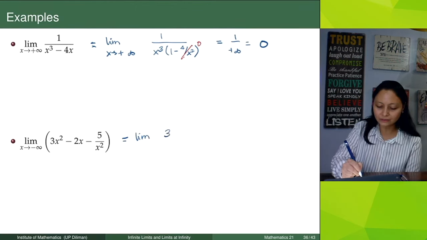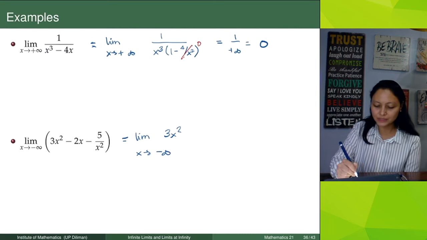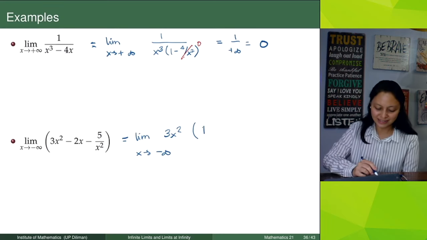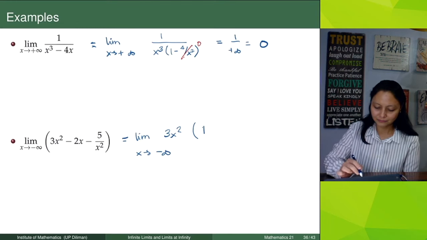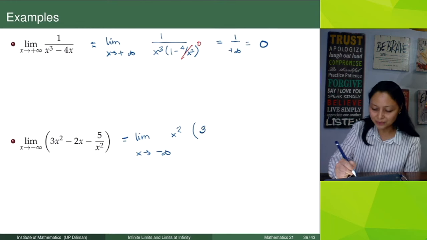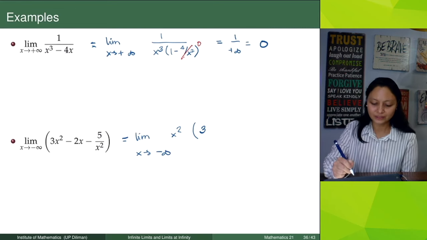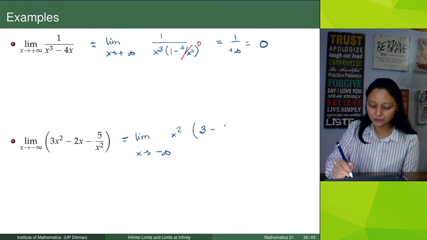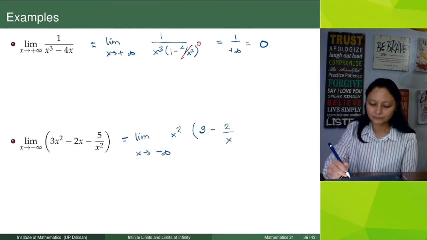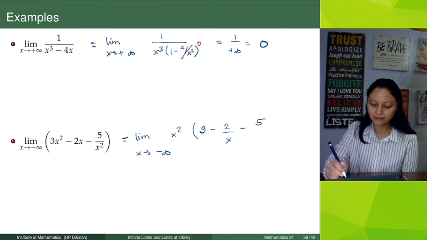If you factor out 3x squared and get the limit as x approaches negative infinity, okay, sige, okay lang kasama yung 3. So, you have 1, ay sige, alisin na natin. X squared na lang para hindi mahirap yung pag-factor. So, 3 minus 2 over x minus 5 over x to the 4th.